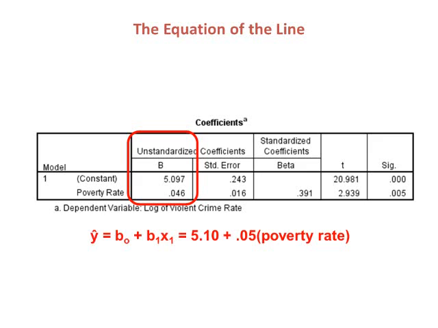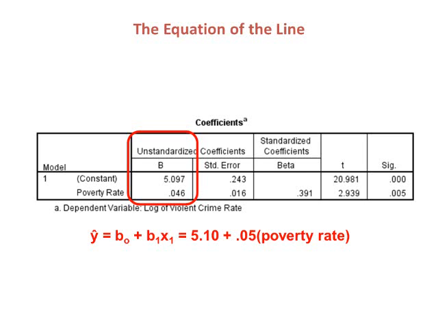By simple substitution of the betas in the equation for their actual coefficients, we get the equation of the line. We replace beta naught with 5.097 from the constant line, which normally one would round to a more reasonable number. Here I rounded the coefficient to 5.1.